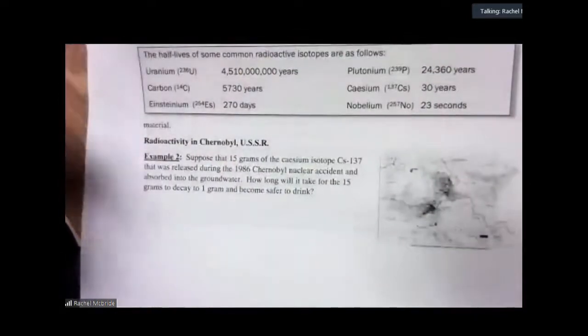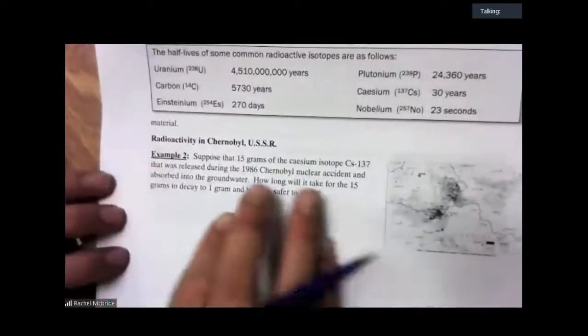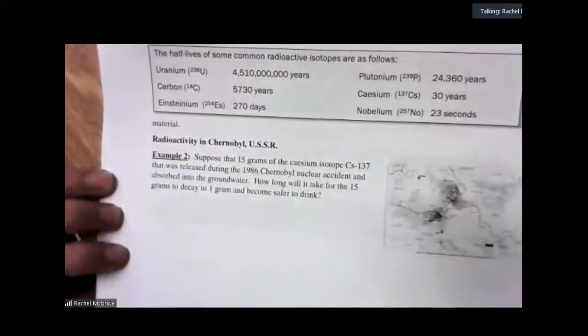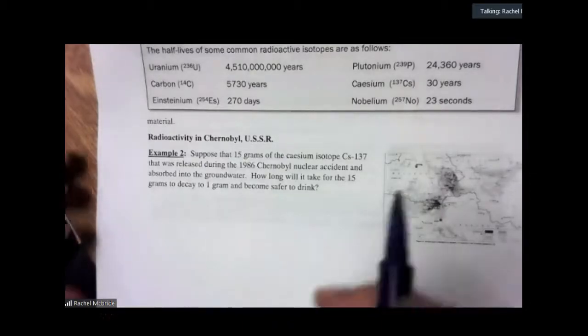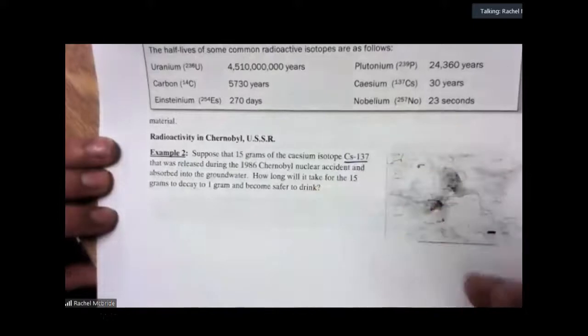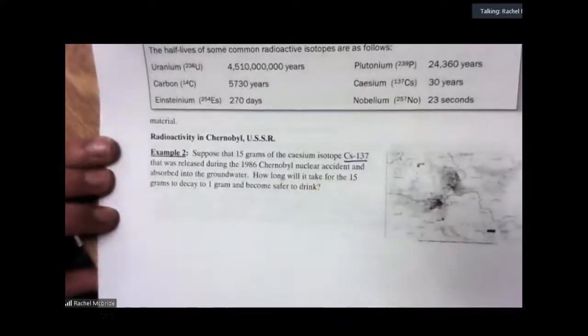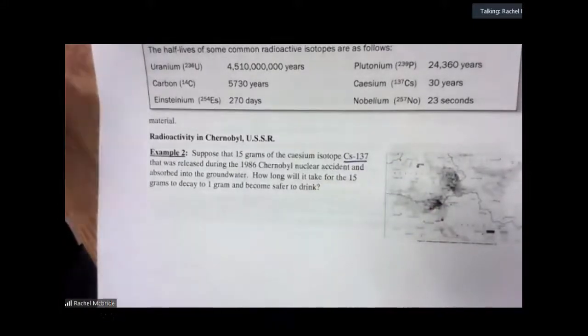And in 1986, there was a nuclear accident where all of this radiation was put out into the ground. And so this problem says, suppose that there are 15 grams of this isotope that was released during the Chernobyl nuclear accident.